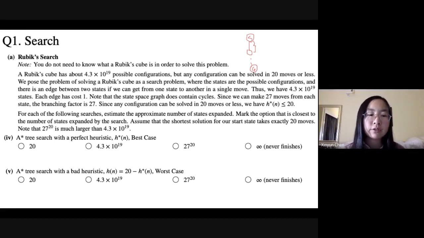However, for the A-star search, for each node, besides the cost from the start to the current node, we also have a heuristic, usually called H, which is the approximated cost from the current node to the goal node. By adding them together, we get an estimate of the cost if we expand the current node.